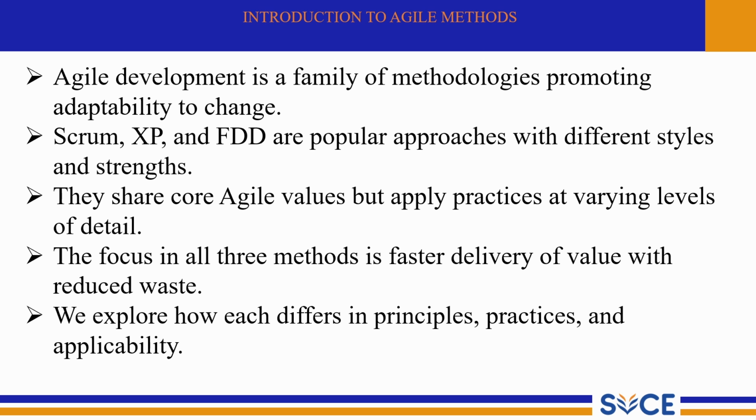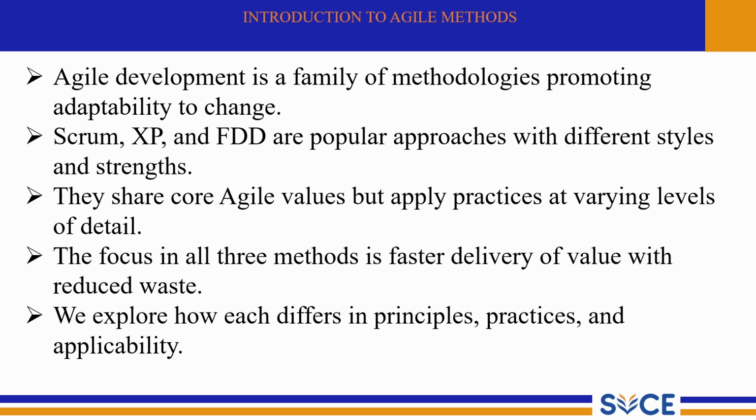Responding to change is more important than following the plan. However, Scrum, XP and FDD apply these values differently. For example, XP goes deeper into coding practices while Scrum is lighter and more focused on team roles.